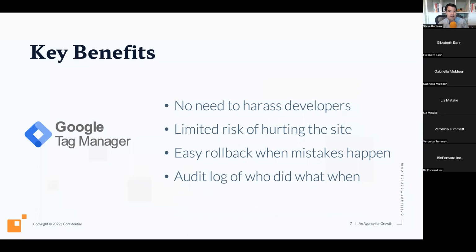And then finally, it keeps a running audit log of the changes that were made to all of your tracking and routing and analytics. So if at a later date you see that there's some weird change in Google Analytics on May 27th, and you're trying to figure out what the heck happened, you can go and look in your Google Tag Manager and see, well, maybe we changed the way we were tracking something on May 27th.